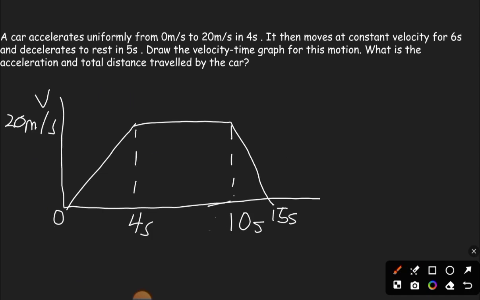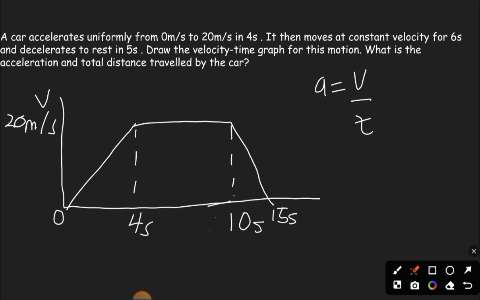So acceleration equals change in velocity over time. Now, in this area, our velocity was what? We actually have two velocities, initial velocity and final velocity. Initial velocity is 0, final velocity is 20.